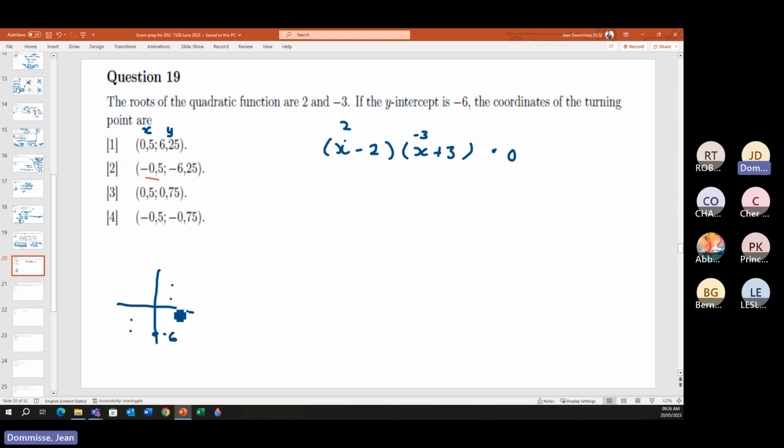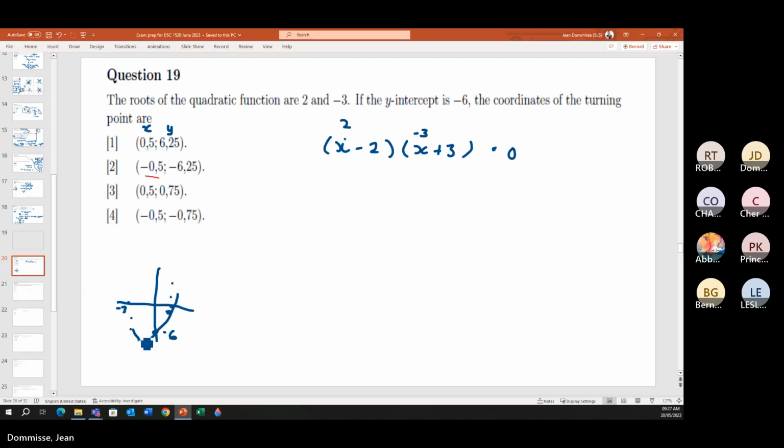Let's quickly see if we can put it here. Minus 3 and 2. So probably what would have happened is that it will look something like this.